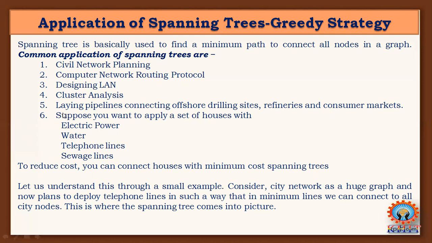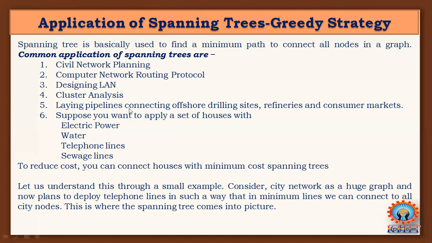Another one is laying pipeline connections. Whenever you are planning to construct a house, at that time we need to lay the pipeline connection to the building. The pipeline connection to the building should not form a cycle, but all the taps will be well connected to the root node.